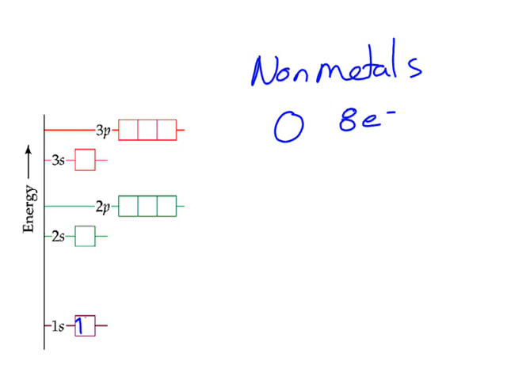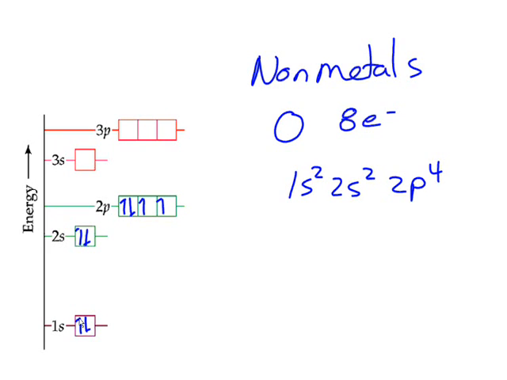So we have 1, 2, Pauli exclusion principle, spin up, spin down, 3, 4, 5, 6, 7, 8. Again, the electrons spread out before we doubled up. And so the electron configuration can be expressed as 1s2, 2s2, 2p4. All I did is count up the number of electrons in each sublevel and put those in there.